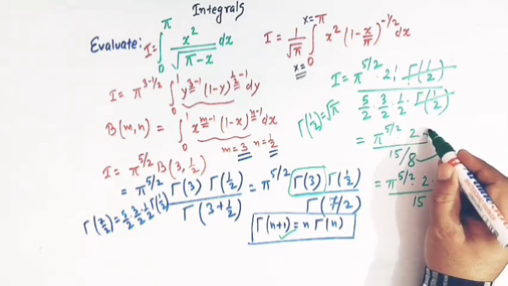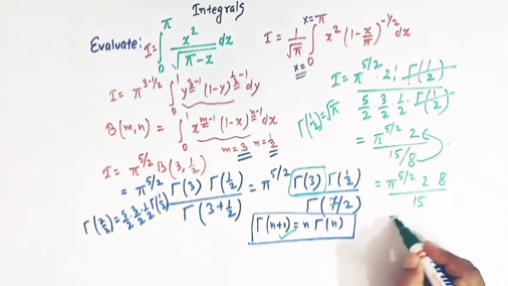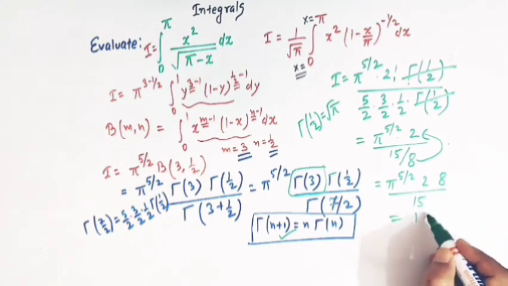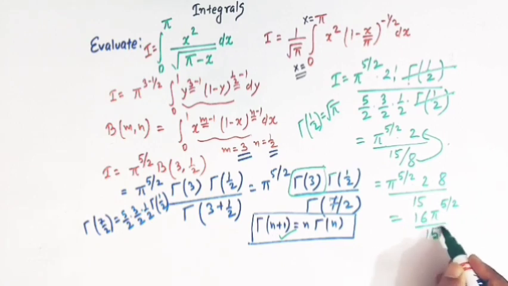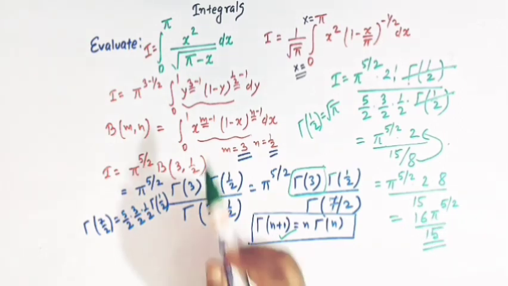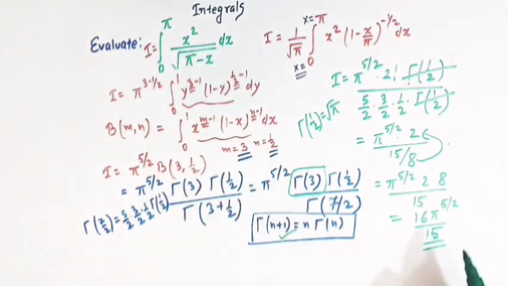So taking this 8 to the numerator, 2 8s are 16. So we have 16 times pi raised to 5 by 2 divided by 15, right? So the value of this integral is equal to 16 over 15 times pi raised to 5 by 2.